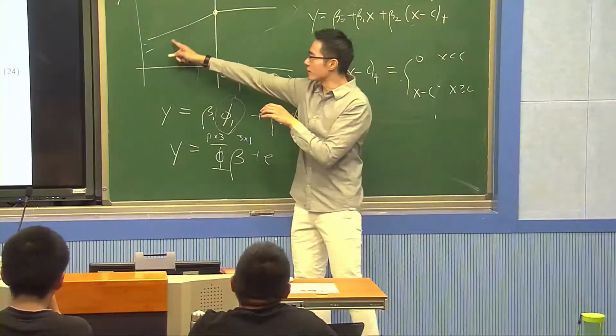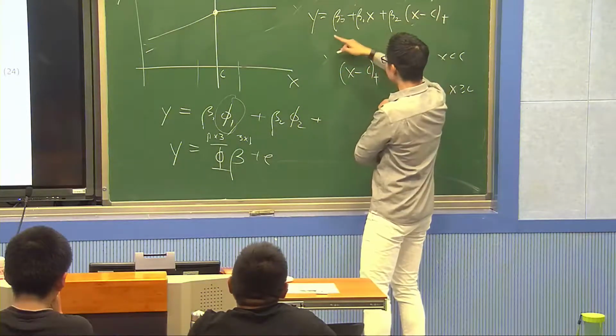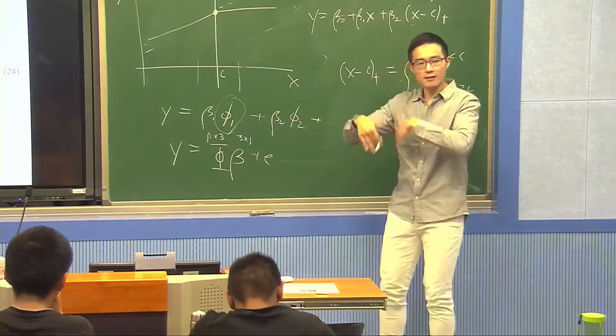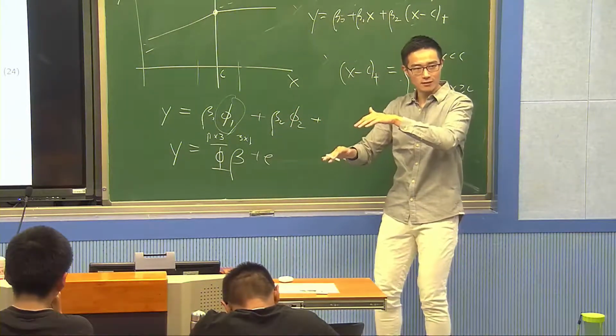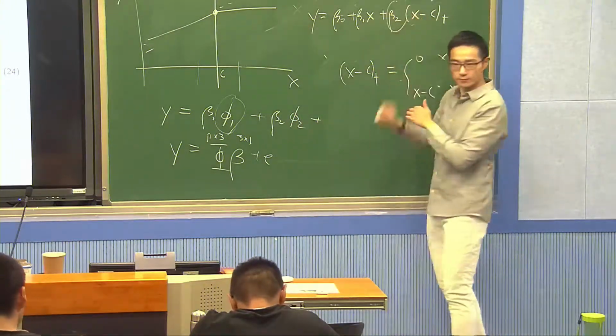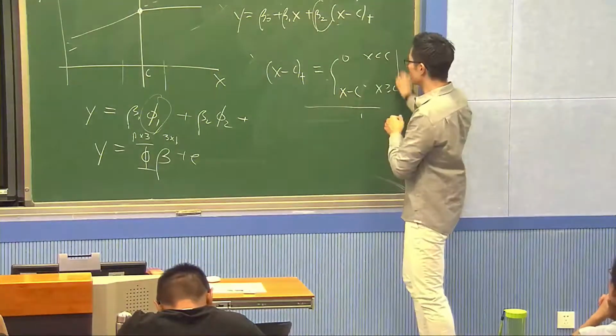So before c, we have this linear line, and after c, if x is larger than c, we still have this linear curve, but then another linear effect kicks in, right? So that changes the slope from here to here, which is the effect of beta 2. So this (x minus c)plus is defined in such a way.